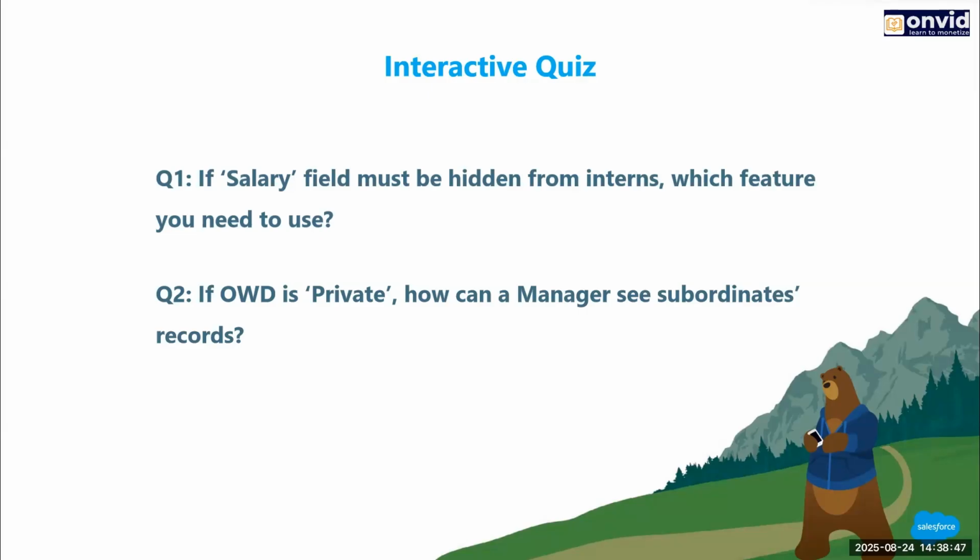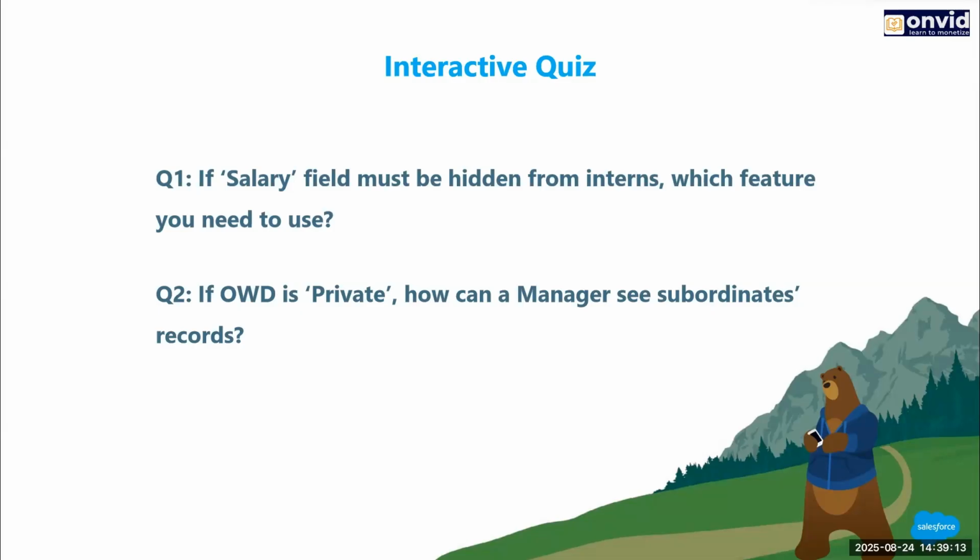So that is OWD, guys. As I told you, that is the simple layman level of security that you impose on any records. If an OWD is private, what does that mean? Only the owner of the record can have access to it. So how can a manager see the subordinates' records? I am in a higher hierarchy, so how can we manage that?